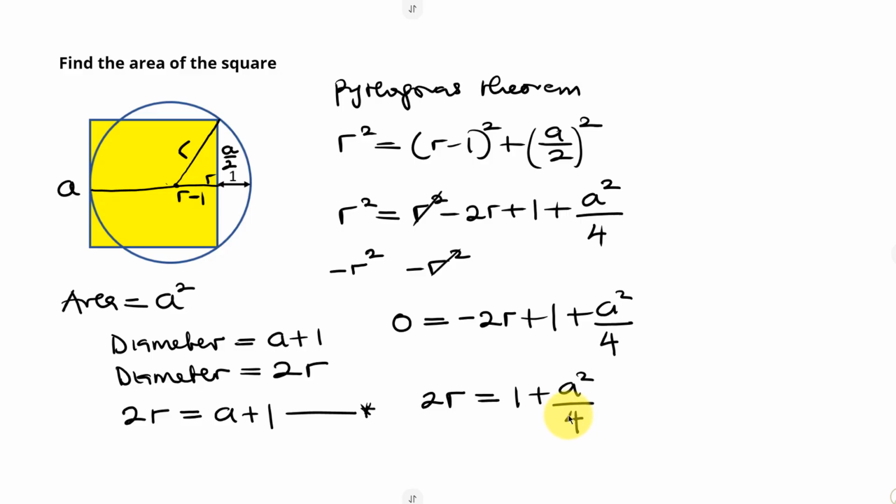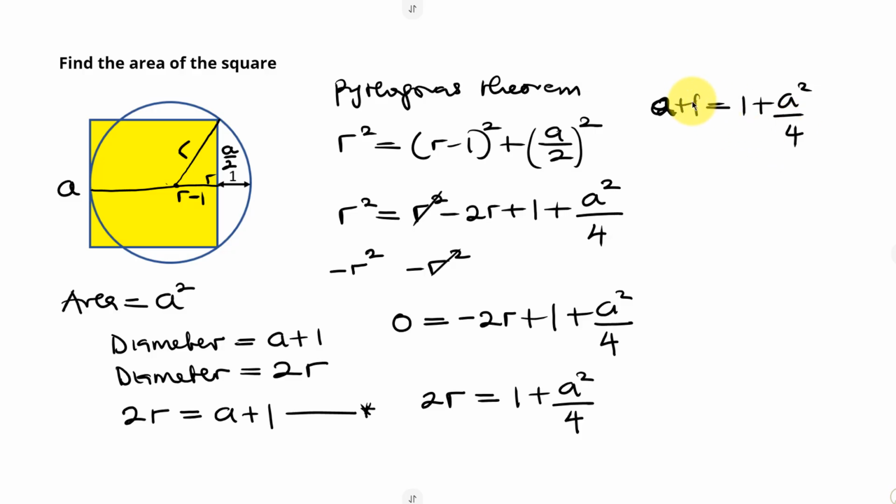Good. Now 2r from our asterisk, 2r is equal to A plus 1. So I can substitute that here. In place of 2r, I'm going to be putting A plus 1. And this is equal to 1 plus A squared all over 4.